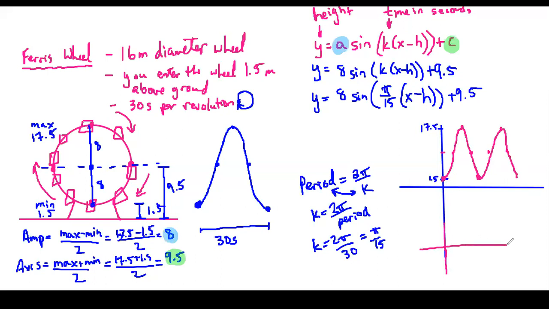Our regular sine wave starts at 0, 0, but then goes up like this, right? So basically what we have is this piece right here. The point at which our sine wave usually starts actually corresponds to this point on the graph. So what we want to do is look for this point on our sine wave. Does that kind of make sense?